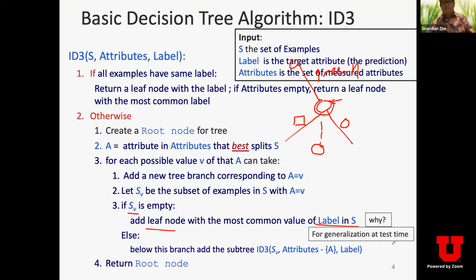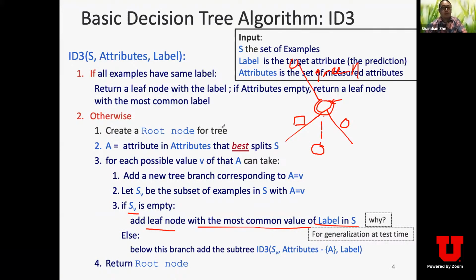Here is how we assign the label of the leaf node. In this ID3 algorithm, we suggest you to use the most common label in S to assign the label.